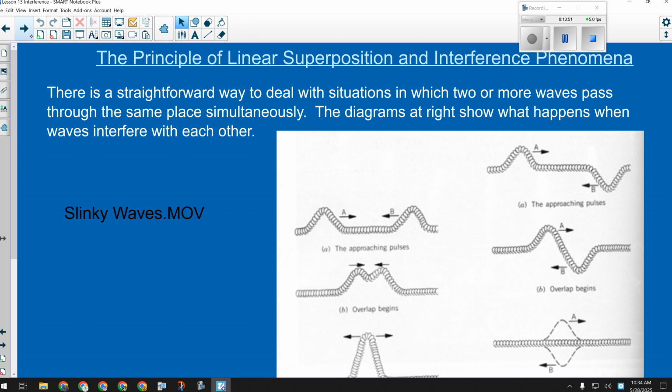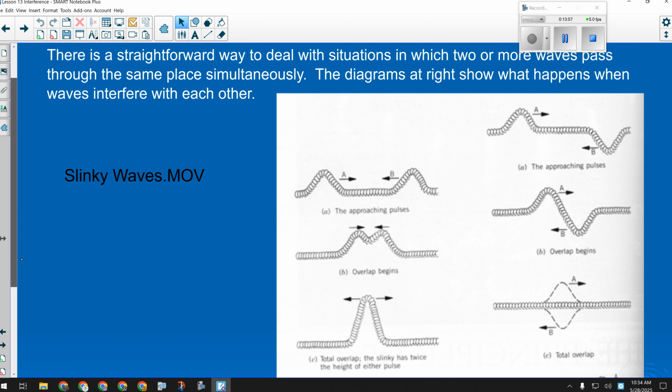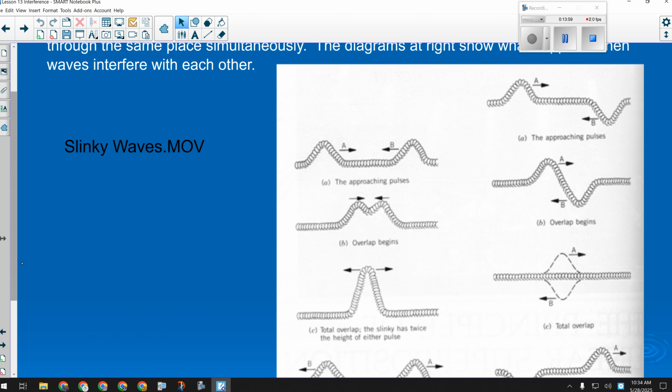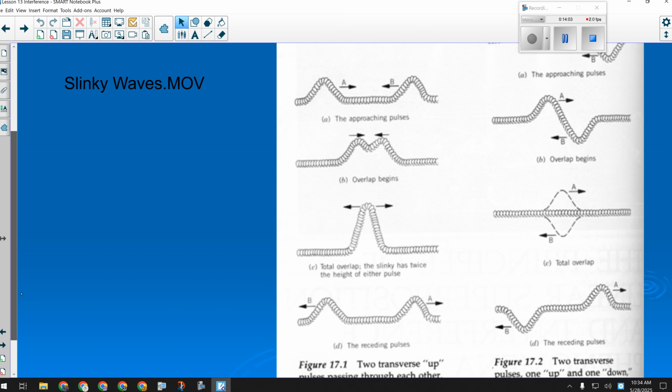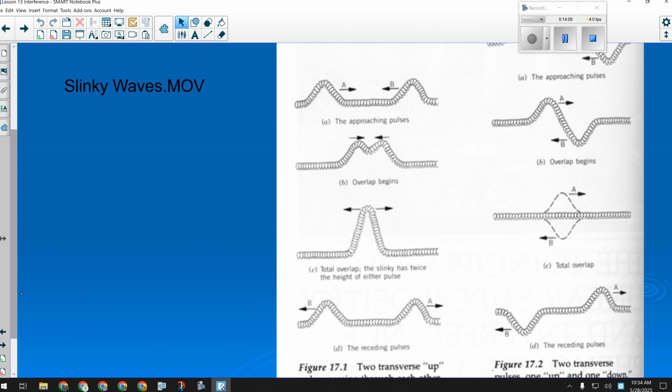So, a straightforward way to deal with situations where two or more waves go through the same place is going to look something like this. On the left here, we have two pulses traveling towards each other, and they are both up. So they would both have an amplitude of, let's say, +1. When they travel towards each other, they're carrying energy along the spring.